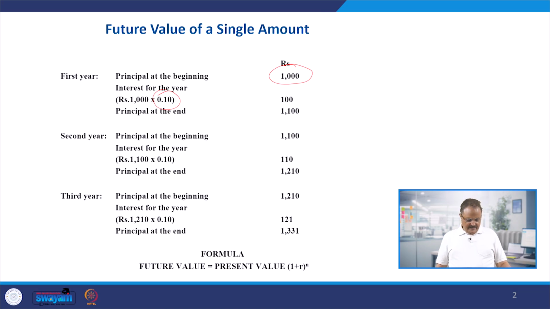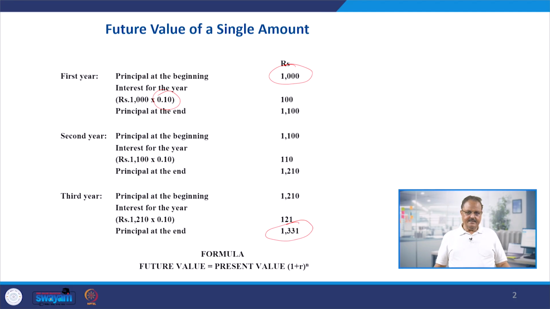So how much would the future value of this single amount of 1000 be at the end of the third year? My 1000 is going to be 1331 at the end of the third year. Now the million-dollar question is whether this 1331 is equal to the 1000 of present time or not. We will have to see what the inflation rate is.